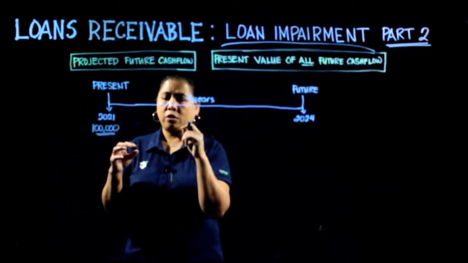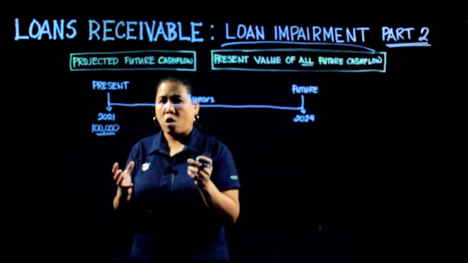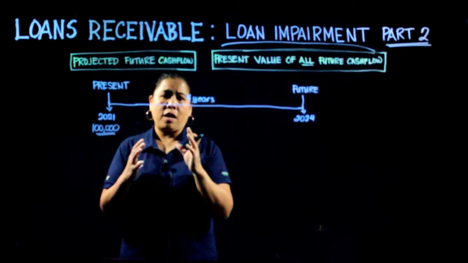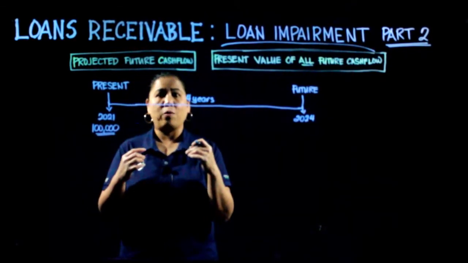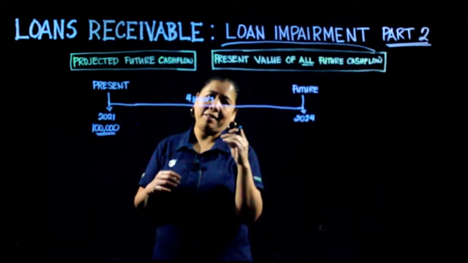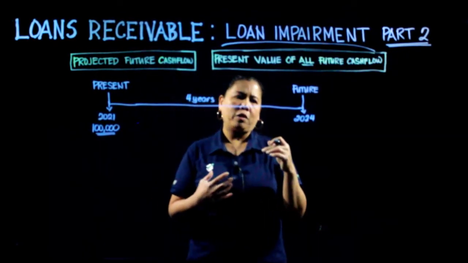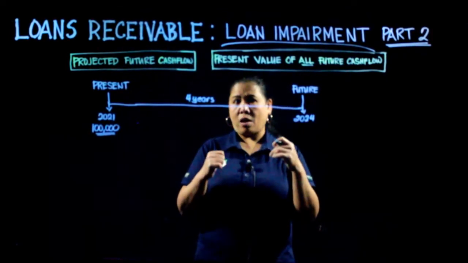Do you think itong 100,000, kung hindi ko siya i-withdraw at hihintayin ko na lang ang 4 na taon, do you think itong 100,000 ay 100,000 pa rin pagdating ng 2024? Siyempre, hindi na, di ba? Let's say, for example, itong 100,000 naging 137,000.